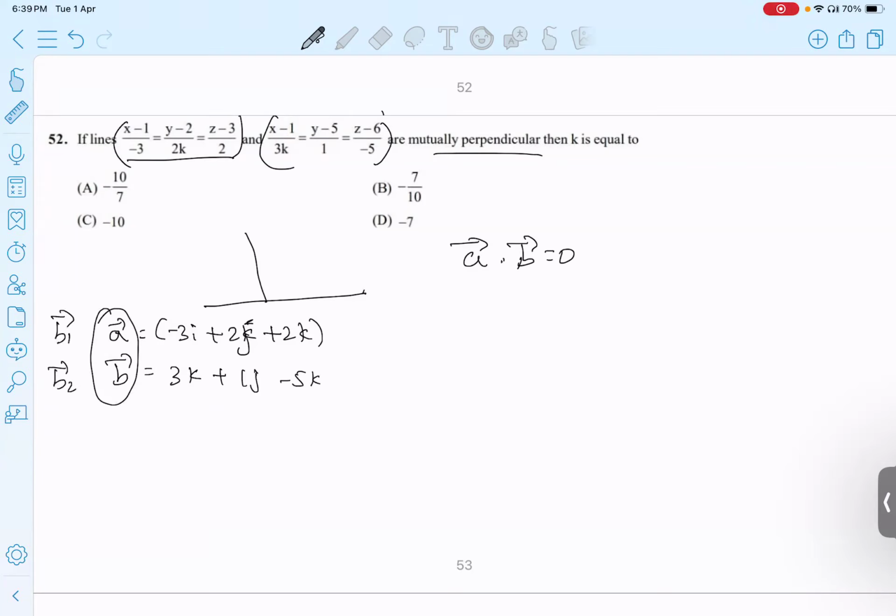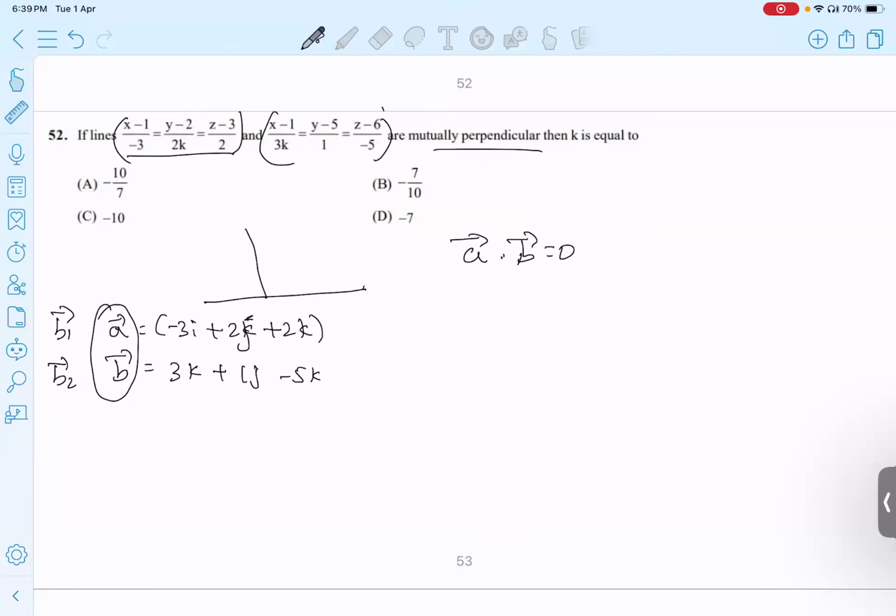Now if two lines are perpendicular, then I can write A vector dot B vector is equal to 0, or if they have given an equation of a line, I can write B1 vector dot B2 vector is equal to 0.